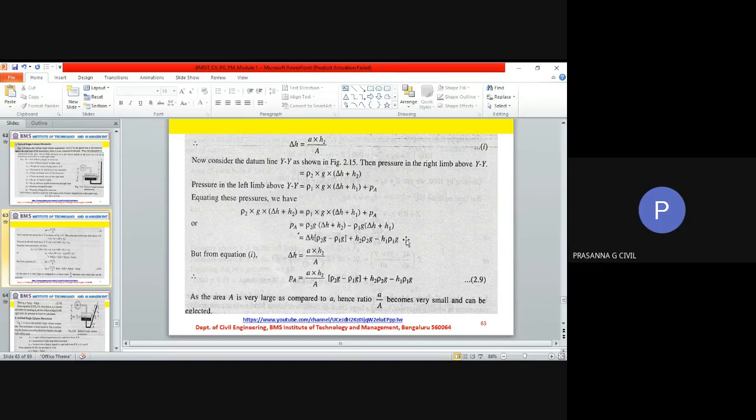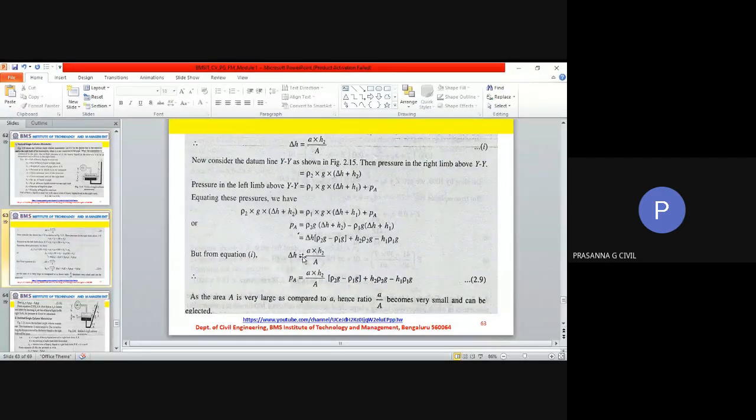When we do the numerical, depending on the figure that is coming, we will write the equation for left limb and right limb. So there's no need to memorize this by heart. But sometimes they will ask you a theory question, write the expression. Then you need to do a derivation and show. Else it will be substitution in a problem. Depending on the problem, like we were doing earlier, you will draw the sketch and write the balancing equation.